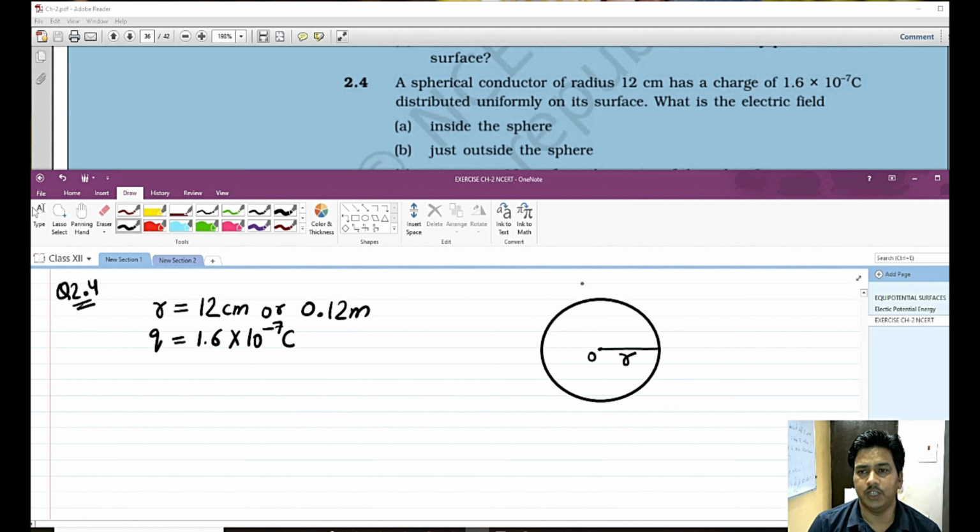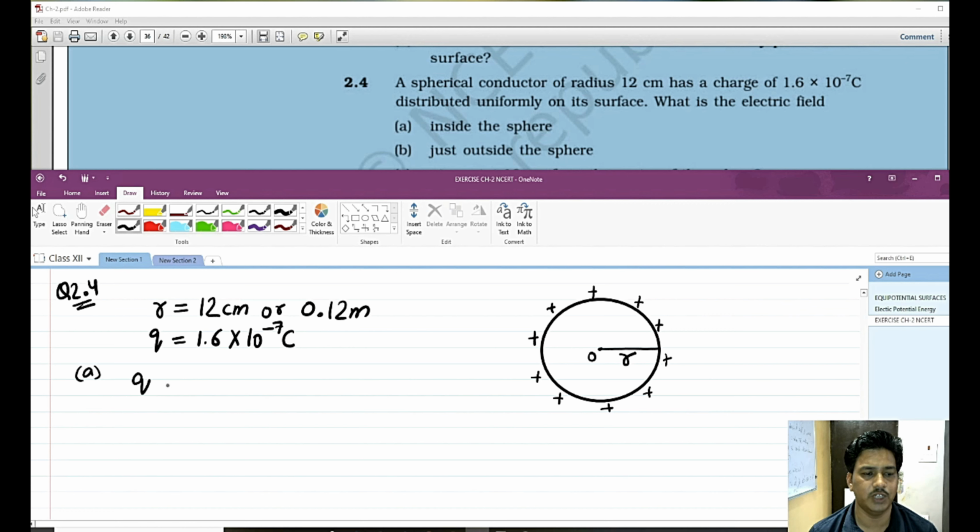Now this amount of charge, 1.6 into 10 to the power minus 7, is distributed uniformly over the entire surface of the conducting sphere, and it is a property of the conductor that the charge is always uniformly distributed and resides on the surface of the spherical conductor. Therefore, what is the net amount of charge inside the spherical conductor?